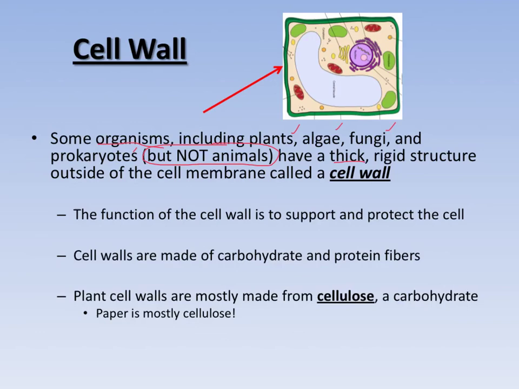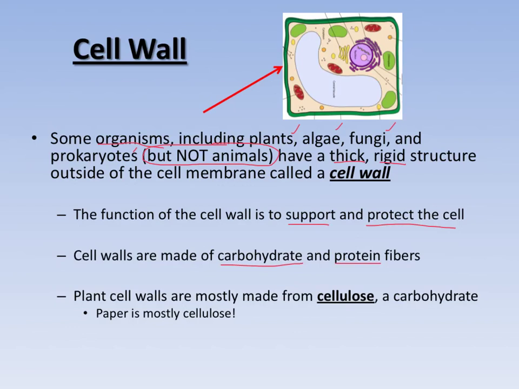This is a thick, rigid structure outside of the membrane that is there for further support and protection. These are mostly carbohydrate with some protein mixed in, and they give the cell a really nice solid form, which is good for plants and the other organisms that have them.